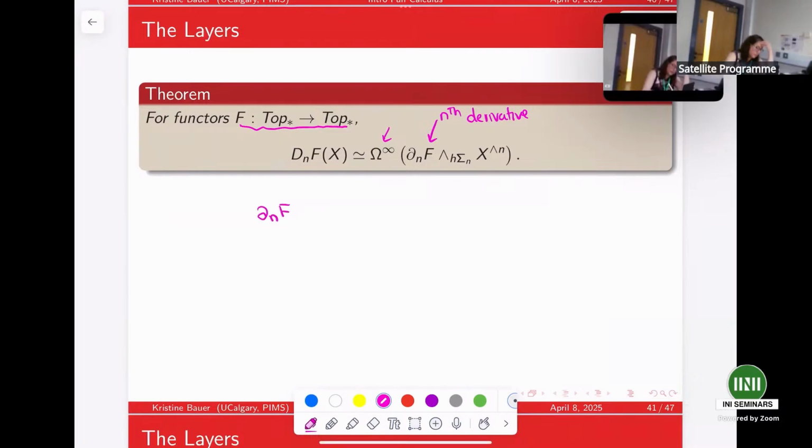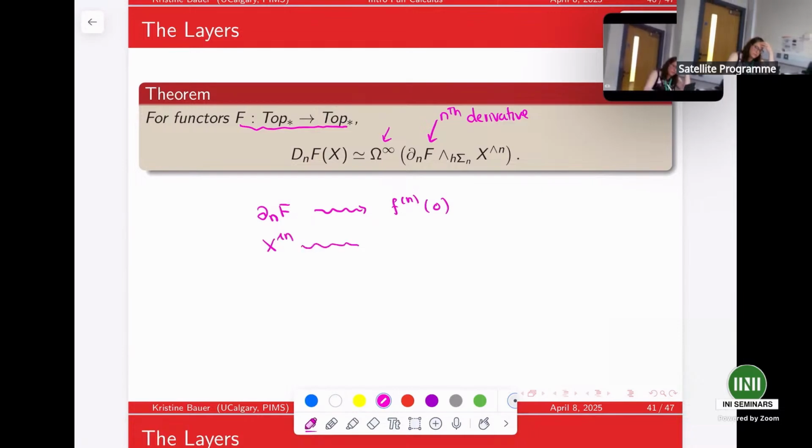That thing that I told you was called the nth derivative is supposed to evoke an actual nth derivative if these were functions instead of functors. Taking x and smashing it with itself n times is supposed to evoke taking the nth power of a variable x. Here I'm thinking about f as, again, my little f's are always functors from R to R.